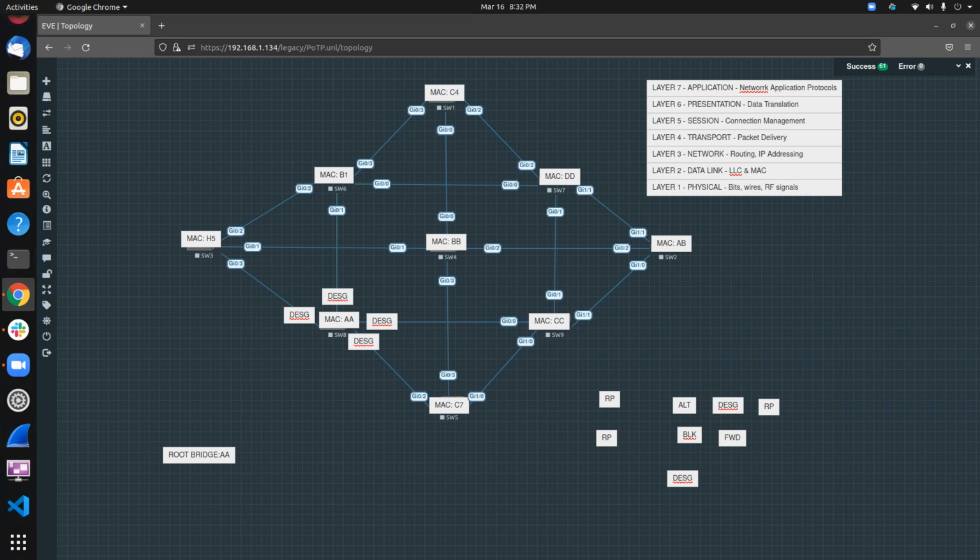I'd make my RP on switch 3 the port going to switch 8. That'd be my RP on MAC H5, because it's the shortest path to switch 8. It's direct, not going through any other switches.